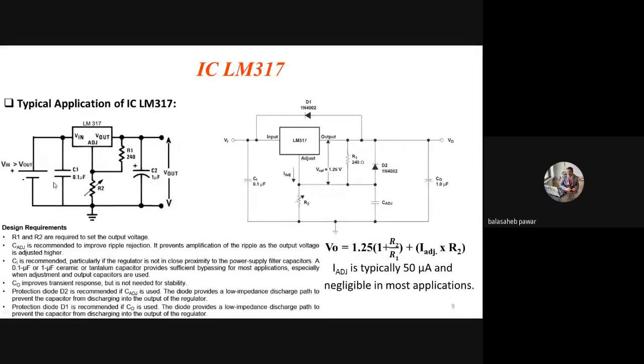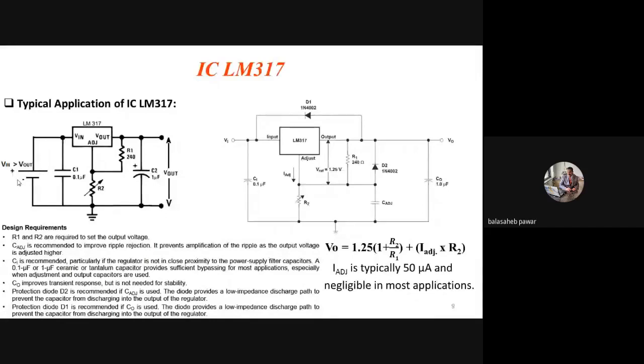But if these two capacitors are added, the standard values are also mentioned by the manufacturer, with C1 connected at the input parallel to the unregulated DC. Here I mentioned that V in should be greater than V out, and the symbol for that source is DC. That means the input to all these voltage regulators should be a DC voltage.